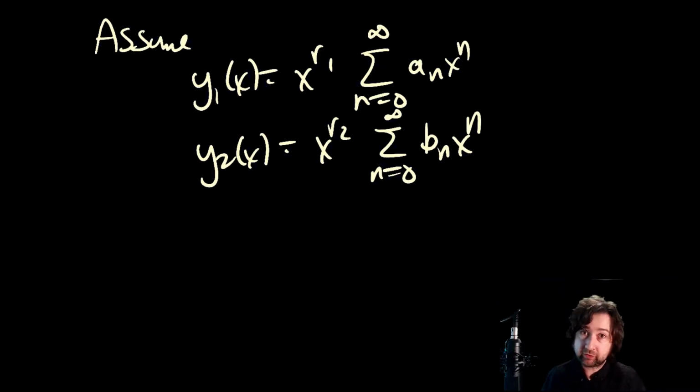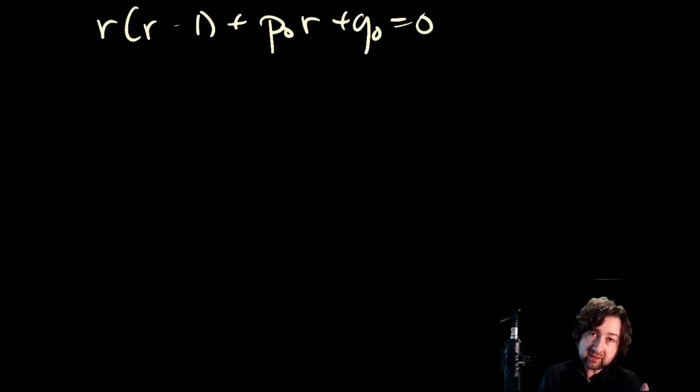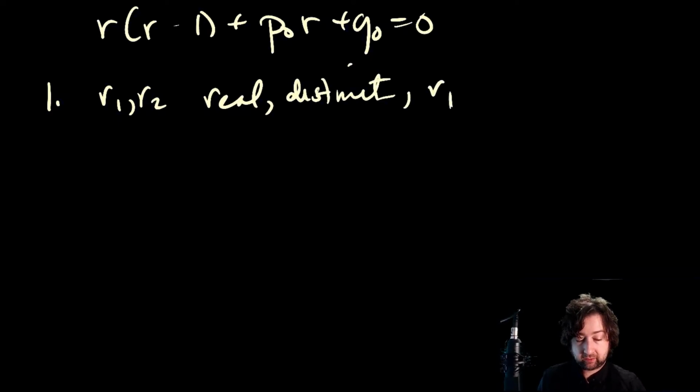So what happens in all of the other cases? After all, there are a lot of different ways that we could have a quadratic equation and solve for the roots, and the roots have lots of different ways they could be related to each other. So far we can cover this case: if we wrote down the equation r times r minus 1 plus p naught r plus q naught is equal to 0, the case that we've analyzed is r1 and r2 real and distinct, and r1 not equal to r2 plus n.